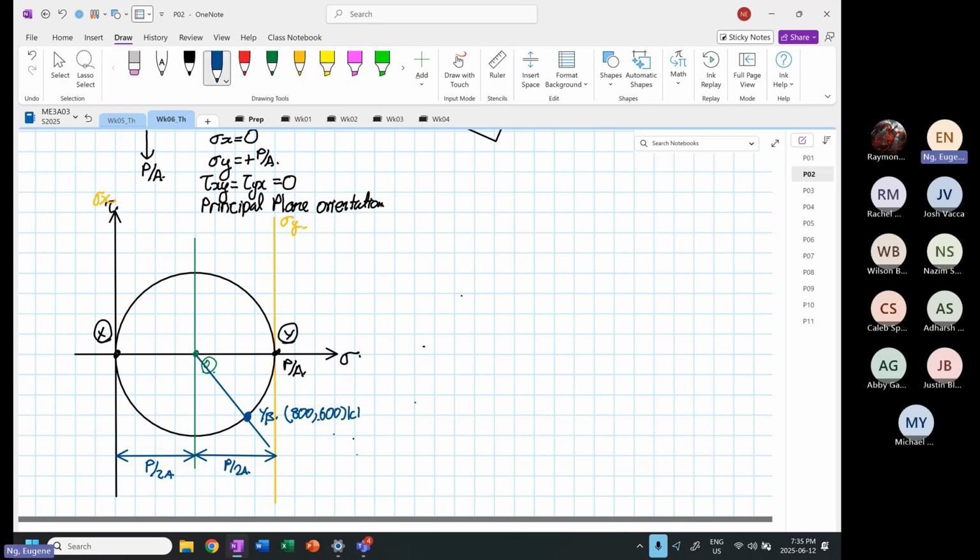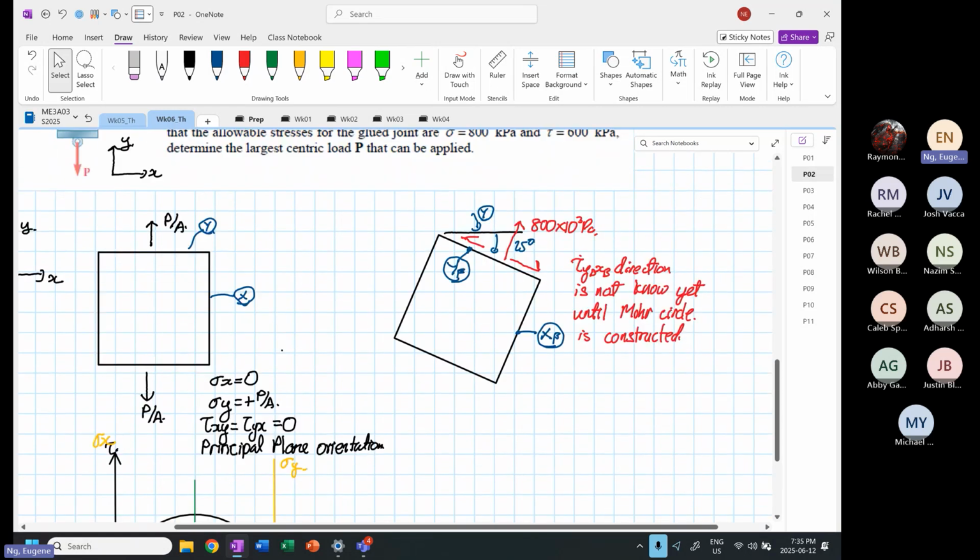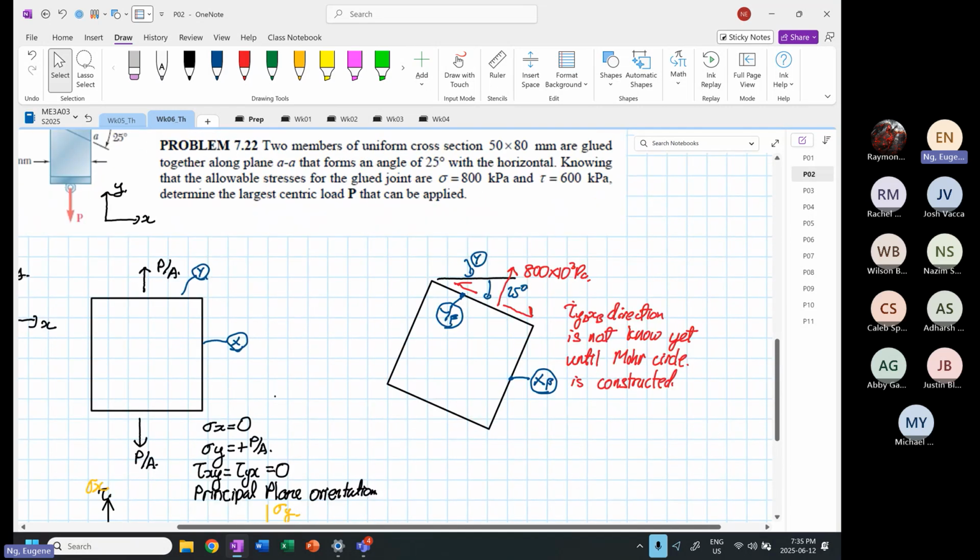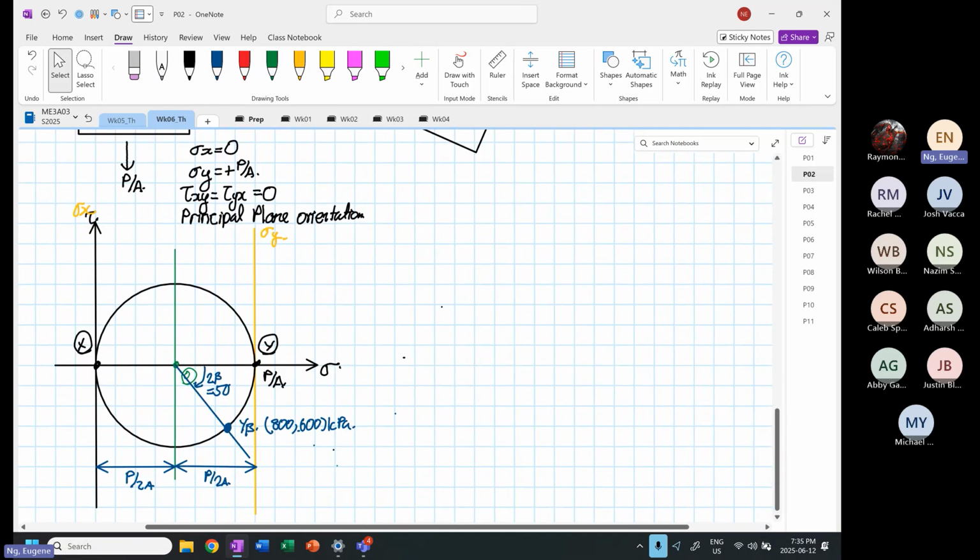So we are also aware that this angle over here is our 2 beta. So this is equal to our 50 degrees. Because why is it 50 degrees? Because on the element it is 25, on Mohr circle it is 2 beta.